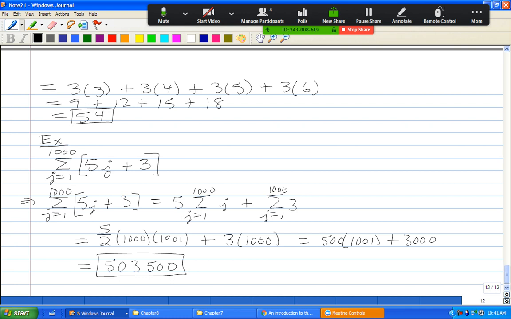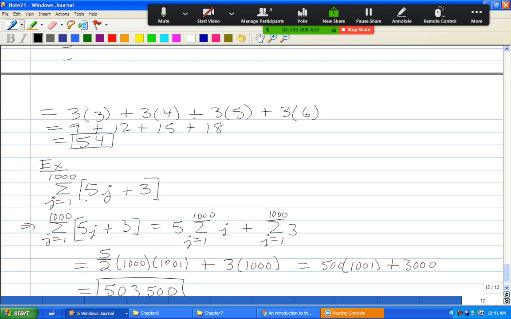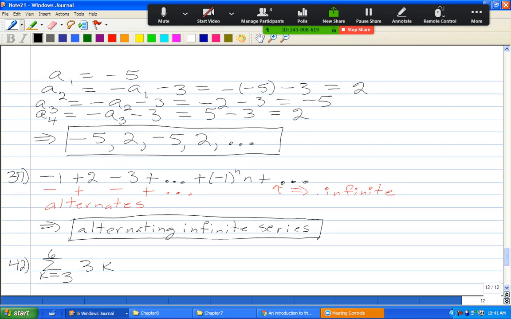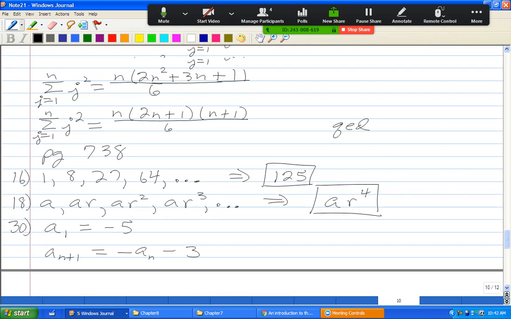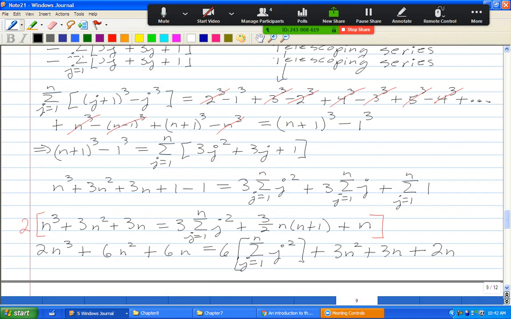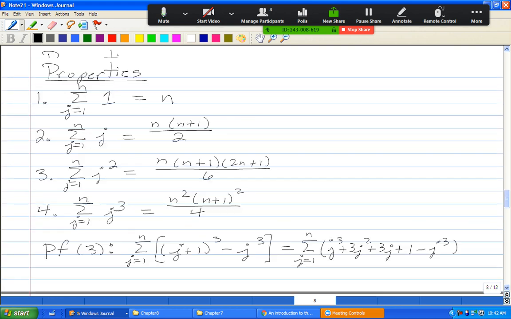So that is a way to compute these using the previous facts that I've given you, using the fact that the summation is linear and that we have these formulas. So I just use these two formulas.